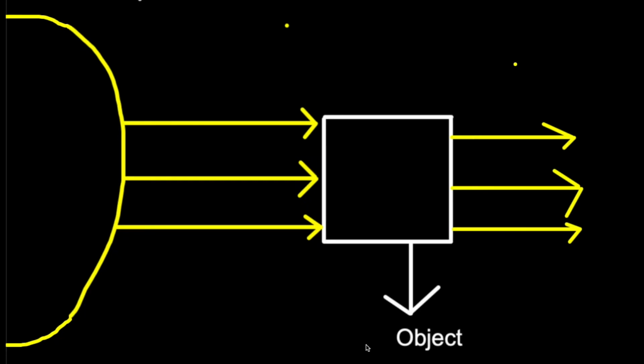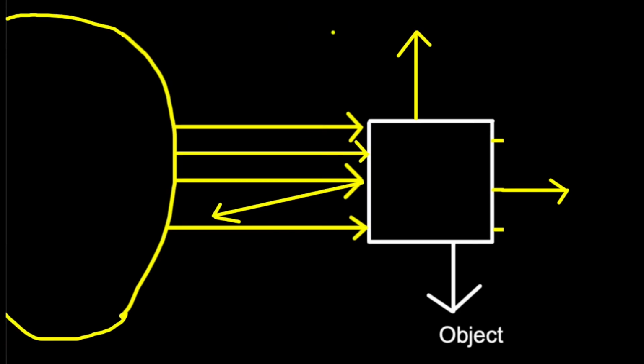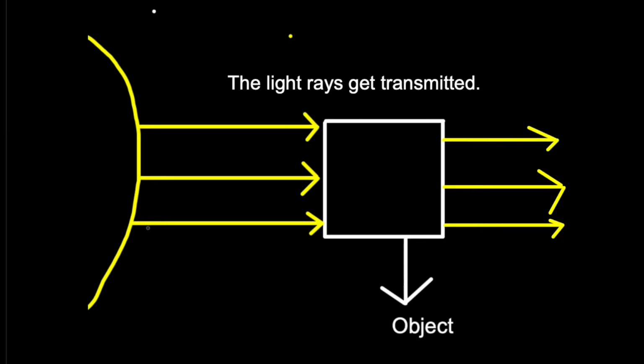So in this video, we're going to talk about what happens when a light ray hits a certain object. Well, the first thing that happens to a light ray is that it gets transmitted. Anyways, the light ray gets transmitted. So what does this mean? Well, it's really simple actually.